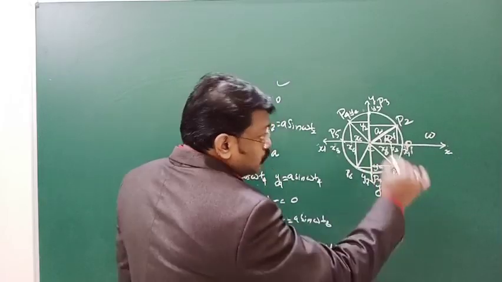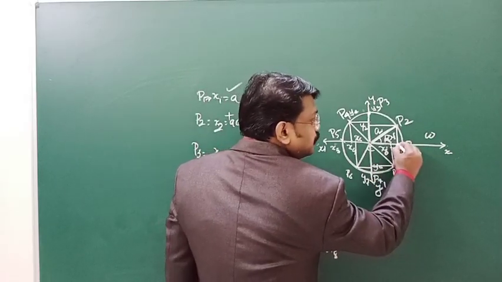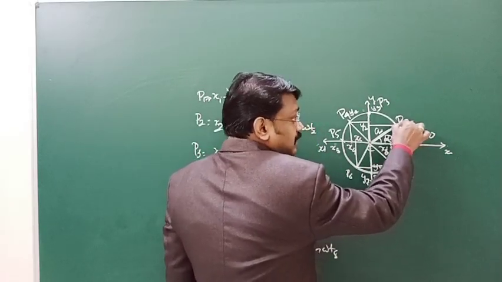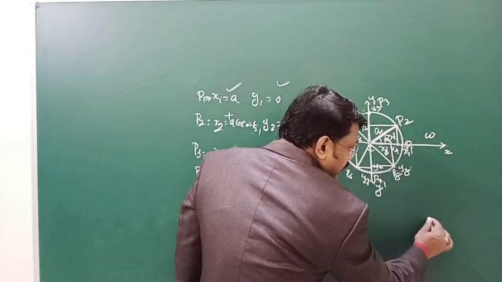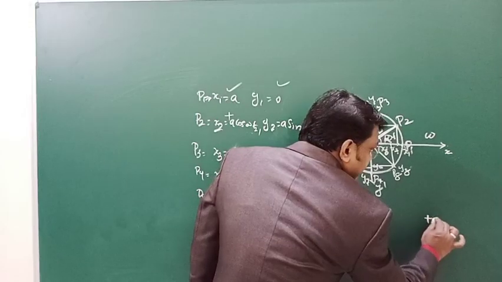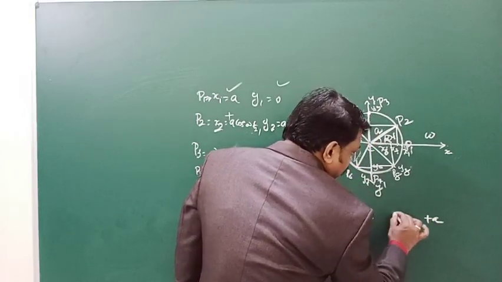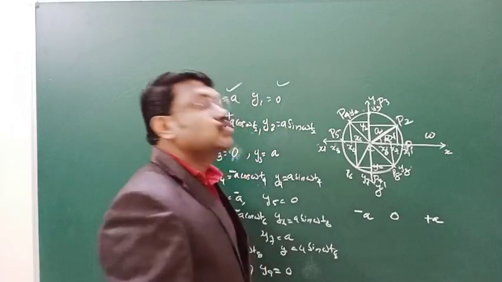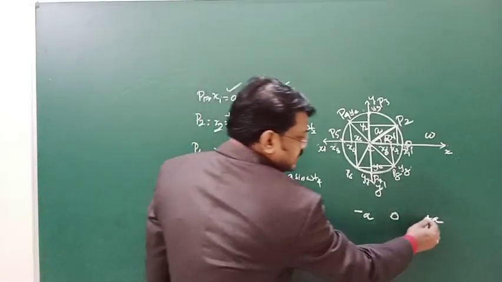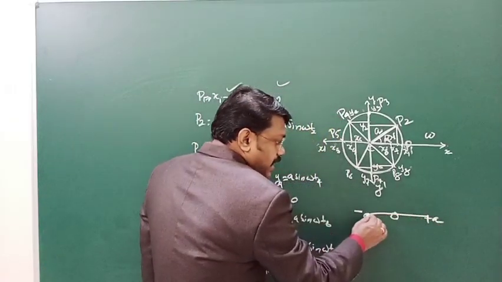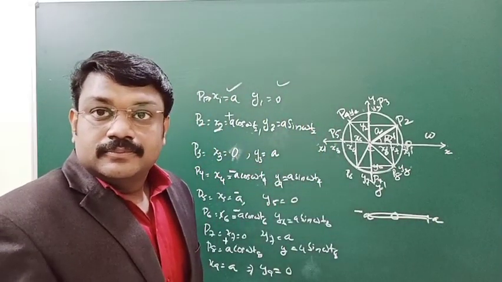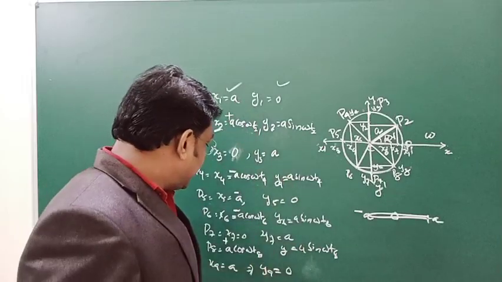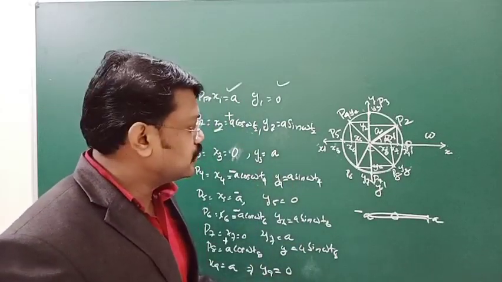So the movement of the foot of this particle along the x direction is from plus a to minus a, crossing 0 two times. So it follows a cosine function.